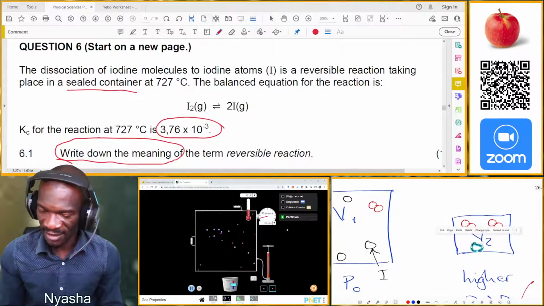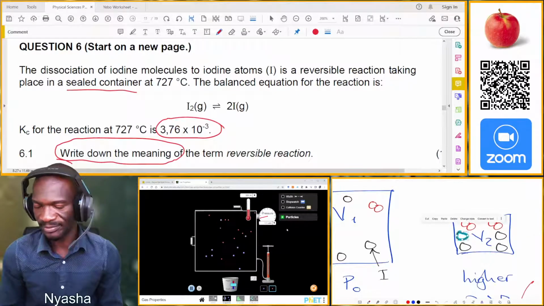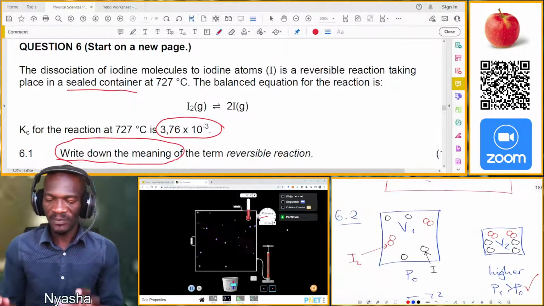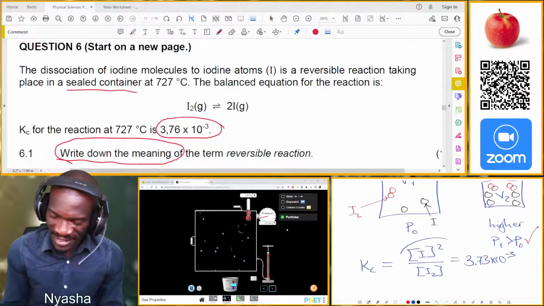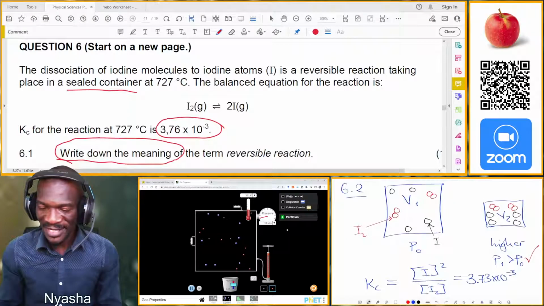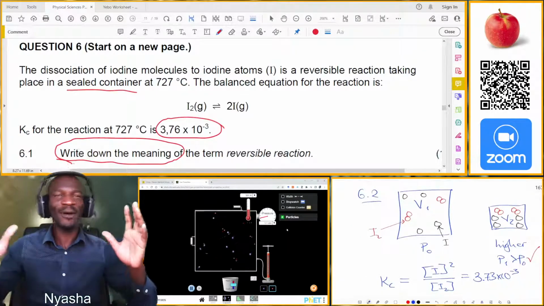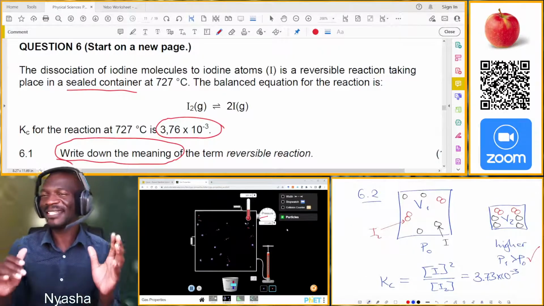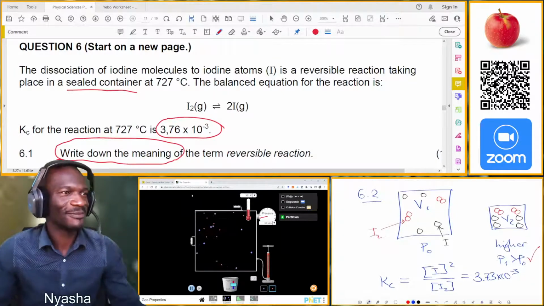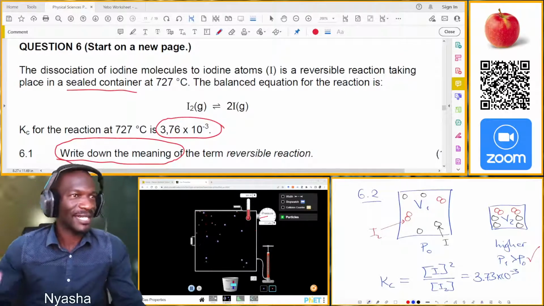You can see that we have our first, second, third, and fourth monoatomic iodine. The concentrations of these species have not changed. The species are still in there. The only thing that has occurred is that these species have now been put into a smaller volume. That's all. So the pressure rises.